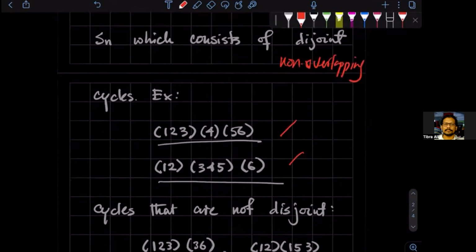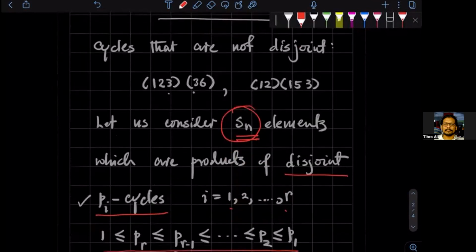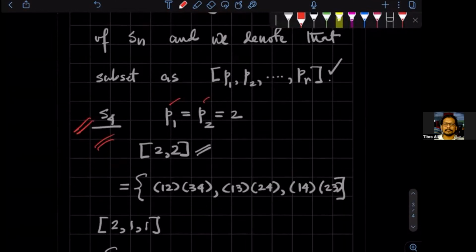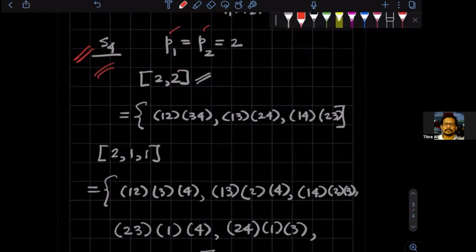What I'm saying is that if I take, for example, S4, all the cycles in total have length 4. But if I look at non-overlapping cycles made out of two 2-cycles, then that set consists of these 3 elements, right?